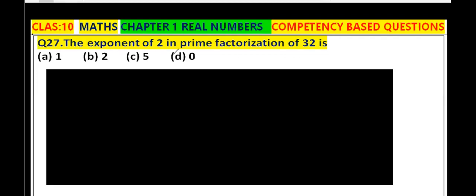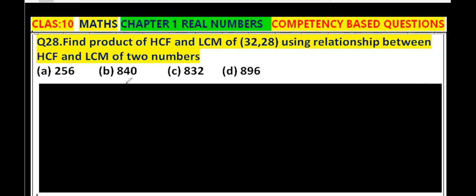The exponent of 2 in the prime factorization of 32: 32 can be factorized as 2 power 5. Exponent means the power of 2, that is 5. So C is the correct option. Next, find the product of SCF and LCM using the relationship between SCF and LCM of two numbers.